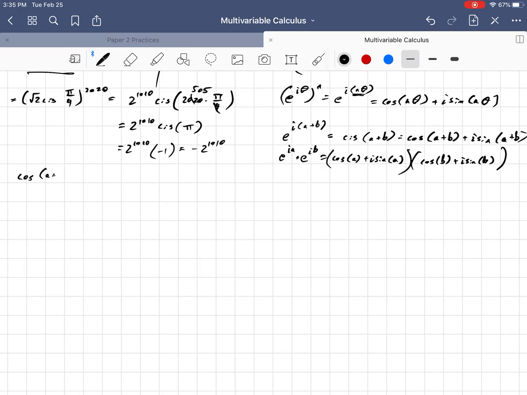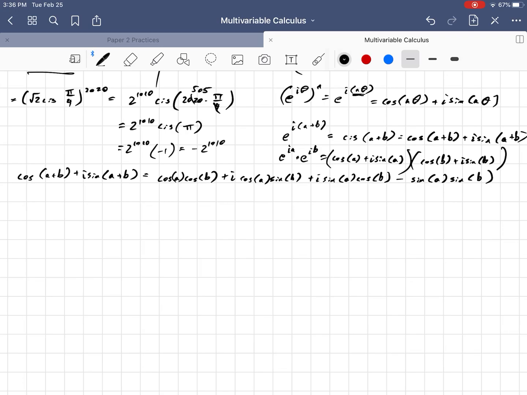So cosine of a plus b plus I times the sine of a plus b is, now if I FOIL this, I get cosine A cosine B. Outer now becomes plus I cosine A sine B. The inner is plus I sine A cosine of B. And the last is negative sine A sine B.